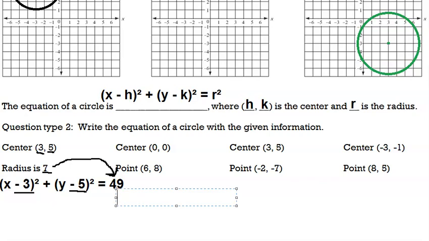They gave us the center already, so we could just say (x minus 0) squared. By the way, please don't ever do that. If the center is (0, 0), just say x squared plus y squared. Okay. Really, we have 2/3 of the information we need. The only thing we need is the radius.